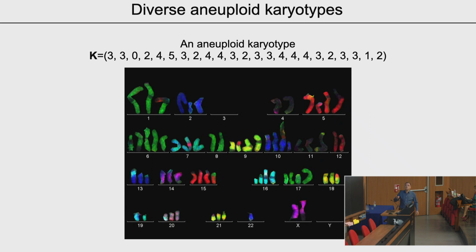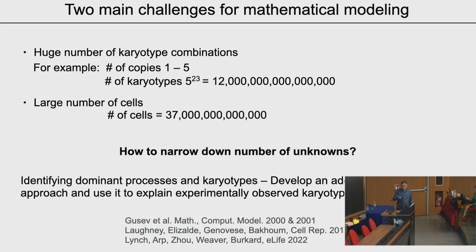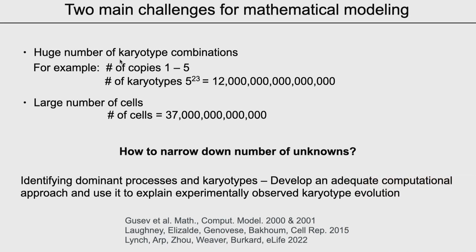So if you want to do some modeling, first we would like to understand how big a system we are dealing with here. For instance, I just wanted to calculate how many different combinations can appear in the system where a certain chromosome copy number can vary from 1 to 5.